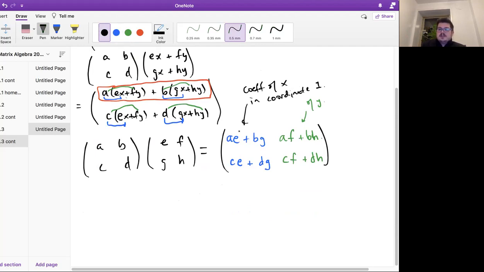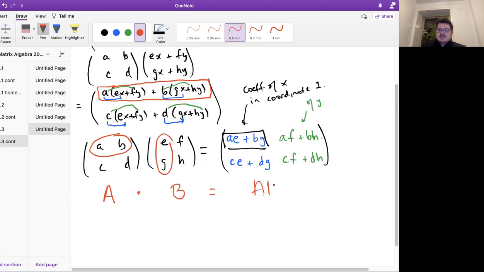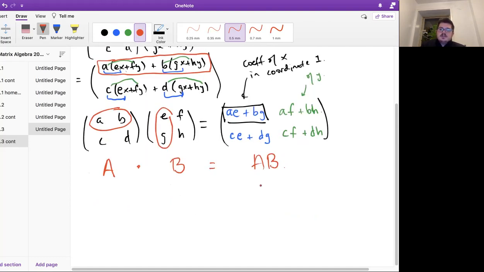So what is the first entry here? Well, you look at the first row and the first column. If this is A and this is B and this is AB, what is AB11? Well, you take A11, multiply it by B11, and you add A12 times B21.